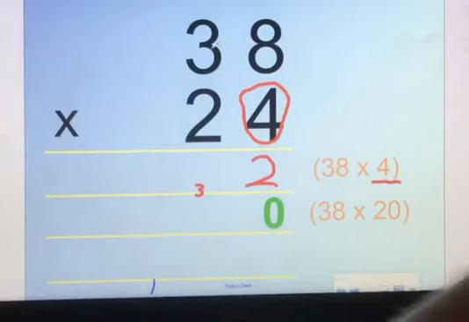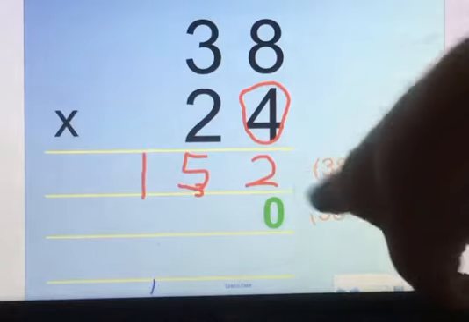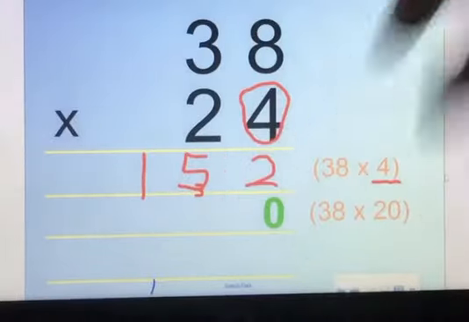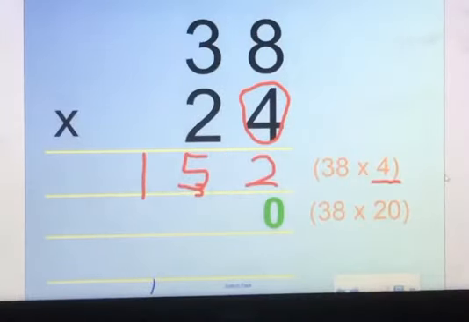And then we'll do 3 times 4, which is 12, but we have to carry the 3, which makes 15. And because there's nothing else to times, I'm going to bring that 1 straight up there. And before we move on, I'm just going to check, does 38 times 4 look like 152? I think it does because we know we can double and double 38, and it's 152.